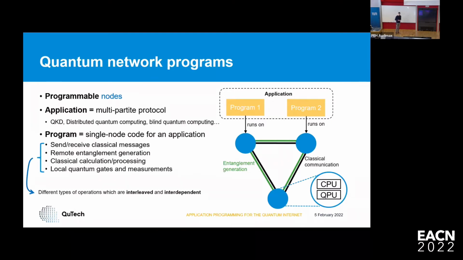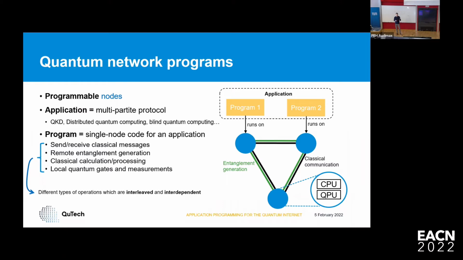The model that we use for a quantum network is quite high level and abstract. We consider a network consisting of nodes, and these nodes are programmable. These nodes consist of a classical processing unit, which can execute arbitrary classical code, but also a quantum processing unit consisting of quantum memory, which can do arbitrary quantum gates and measurements.